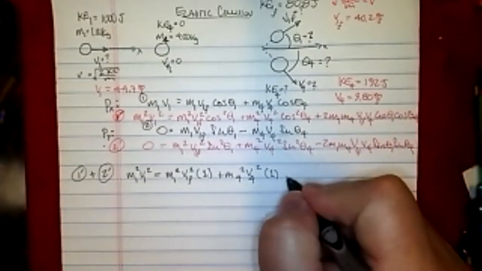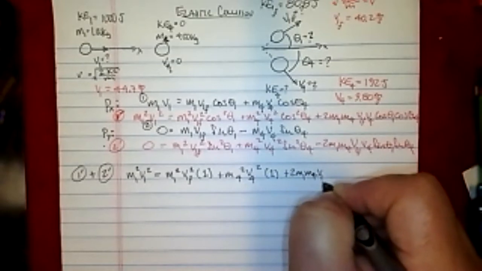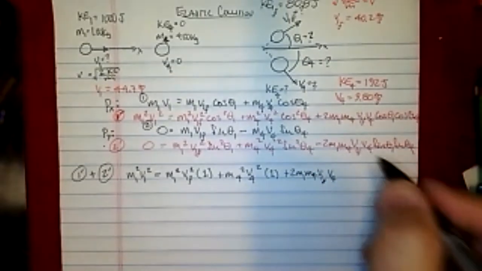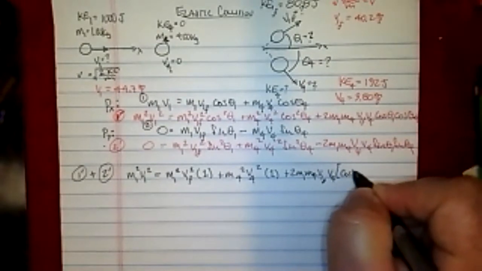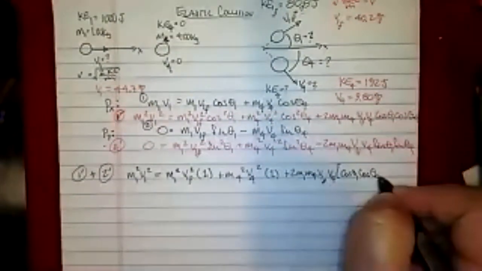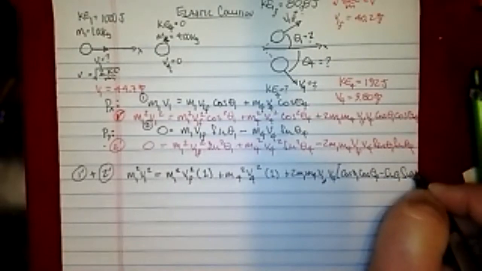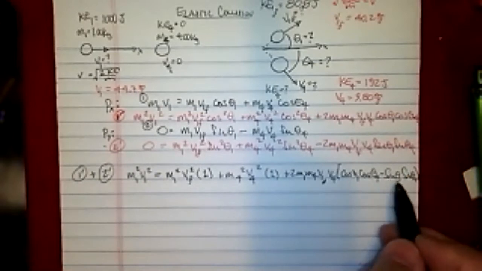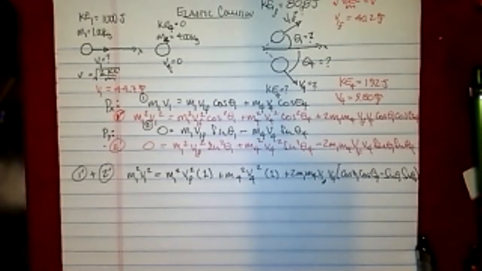Now on these two, I'm just going to make it plus 2 m1 m4 v1 final v4. But now I'm going to write the positive one first, which should be cosine theta 1 cosine theta 4 minus sine theta 1 sine theta 4. Well, that looks a lot like a trig identity that you may or may not have used before.